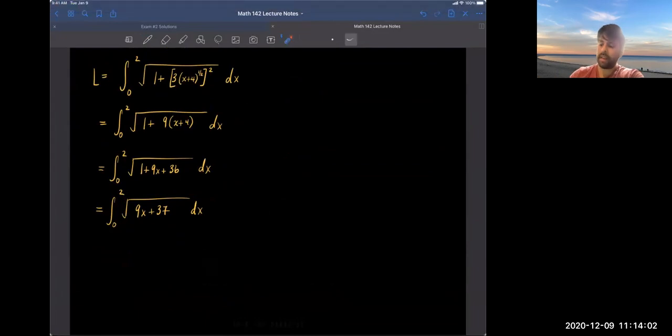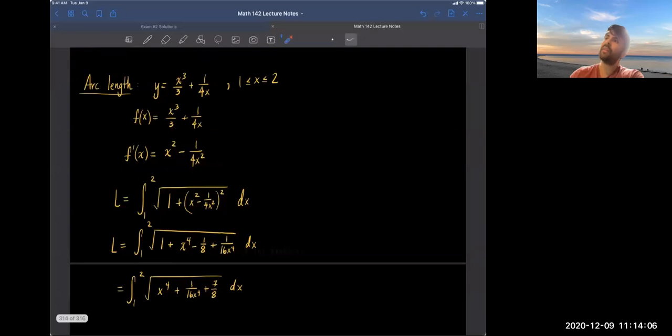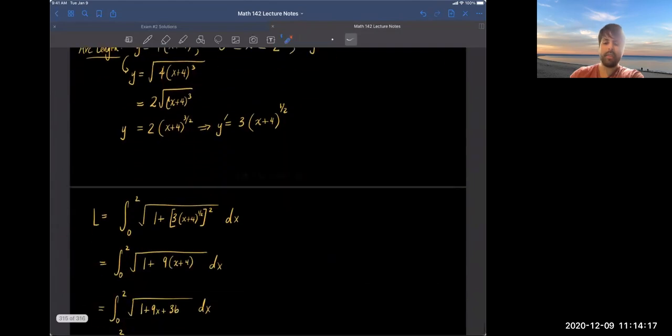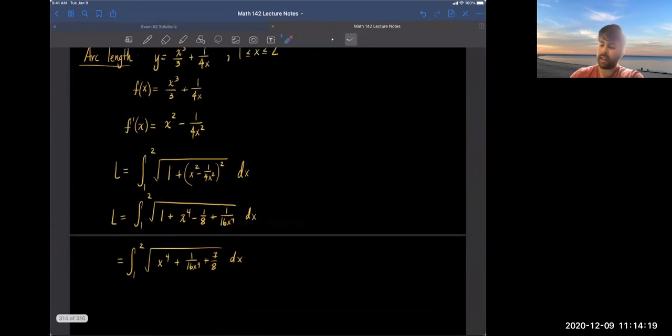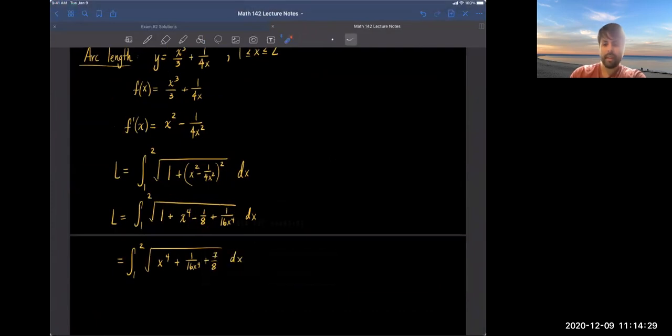I may have expanded incorrectly above. Possibly. I think you're right. So we'll see if we can come back to that. I think you're right, David. I expanded this incorrectly. I don't think there should be a 1/8. I think this inside here should be a half, and you get 9 over 16.